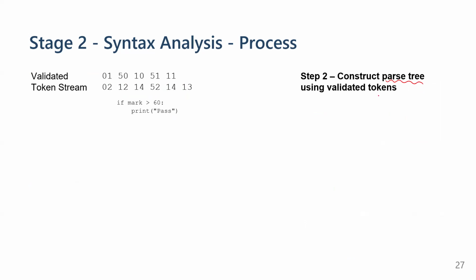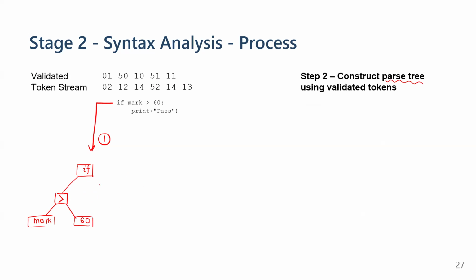Now, how exactly this parse tree is constructed is not part of the syllabus, but just to show you what the parse tree looks like, we can take each line of our program. Let's take line number 1, and we can build a hierarchical structure for it, where the if condition might be the first root node, and under this if you might have an expression which might have the greater than symbol in the next root, where you might have mark below that and 60 to the right of that.